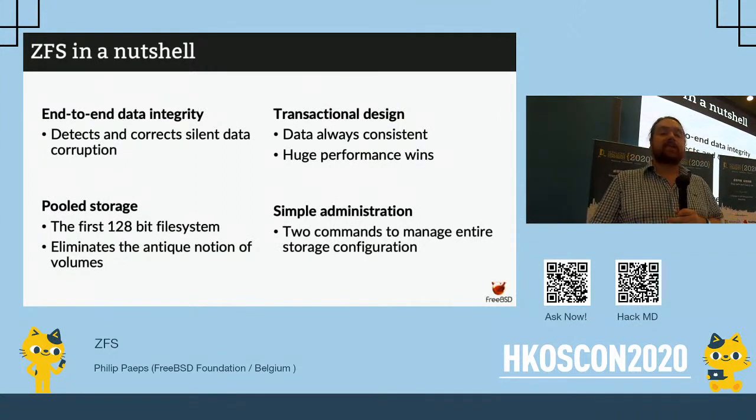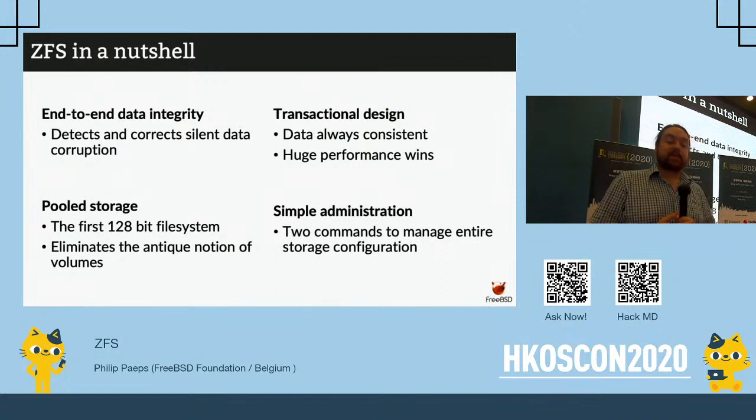So you'd have to basically predict the future. How much space will I need for the stuff that I'm about to store? And you call that a volume, and then inevitably, after a while, you run out of space, and you need to expand the volume, and this is terribly painful and fraught with perils. ZFS takes care of all of that for you by making the pools automatically expand to fill all available disk space. We'll see more on that later.